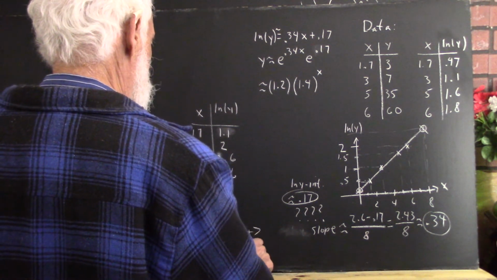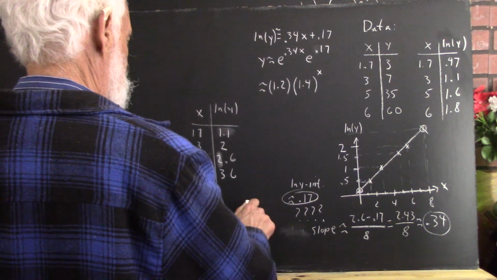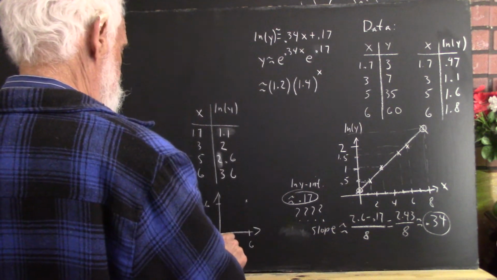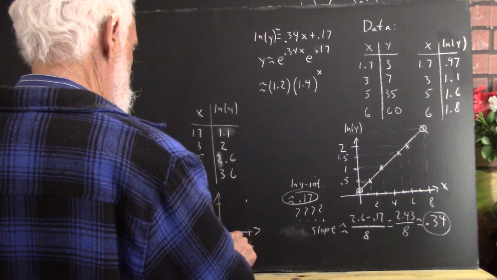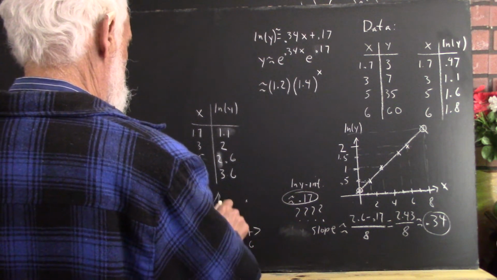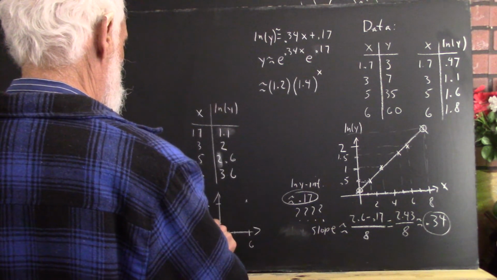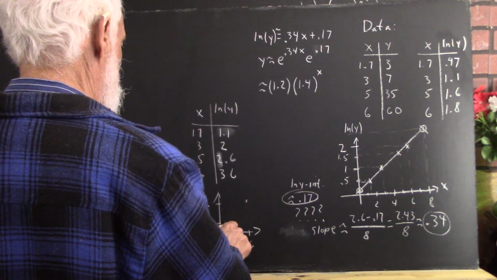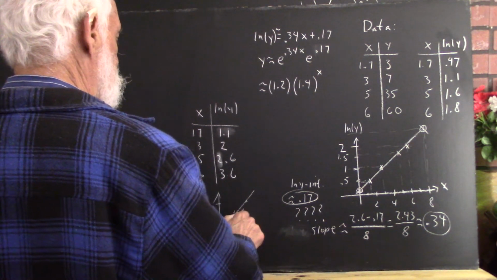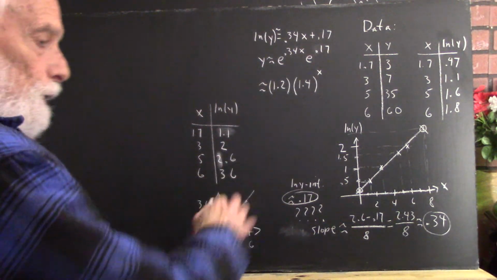So anyhow, we come out to 6 here, and we get 3.6. At 1.7, which would be about here. We get like 1.1, so 1 would be here, 1.1. And then we get a couple of points in between here. We don't just use these 2 points, we use all the points and we adjust our line.